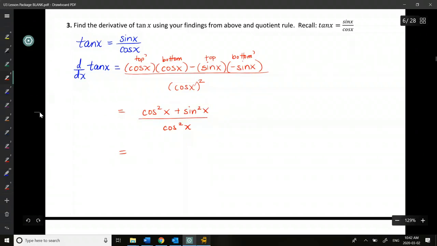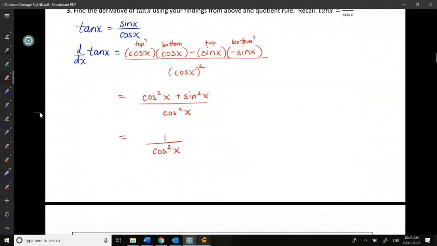We know cos squared plus sine squared is equal to 1. And that leaves 1 over cos squared x. So what is 1 over cos x equal to? 1 over cos squared is secant squared. So the derivative of tan x is secant squared x.